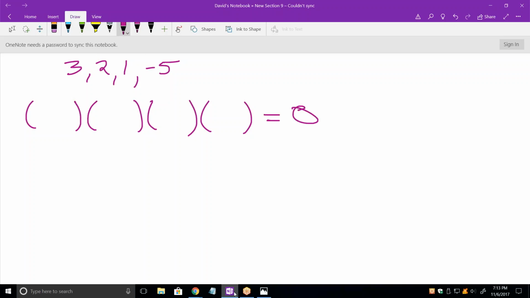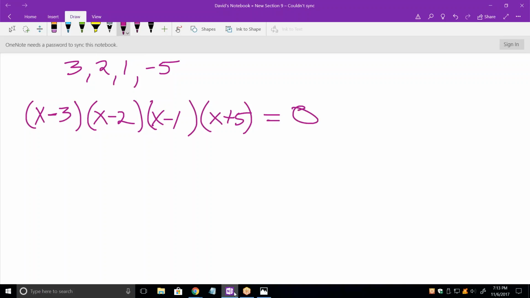So would it just be like 0, 3, 0, 2, 0, 1, 0, negative 5? It's x minus the zero. Okay, right. Was 3. So it's x minus 3 times x minus 2 times x minus 1. What's the last one? x plus 5.